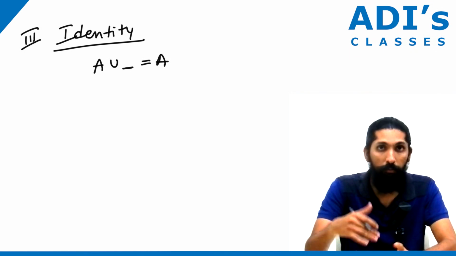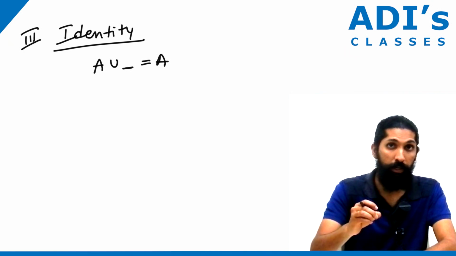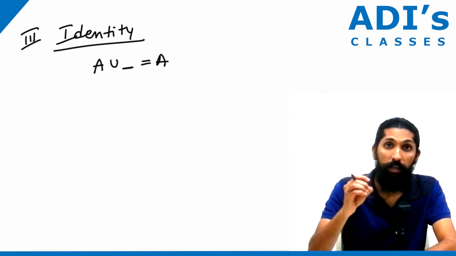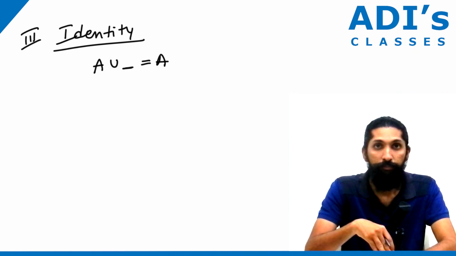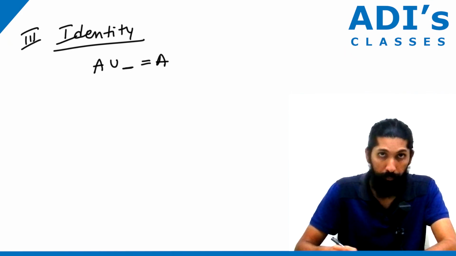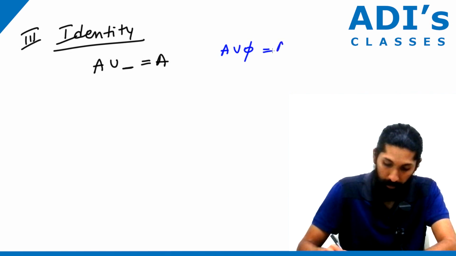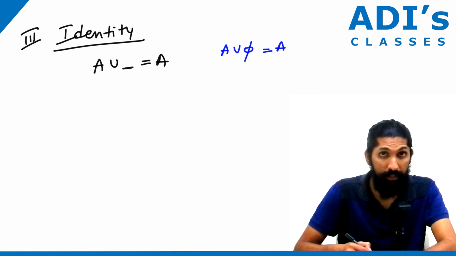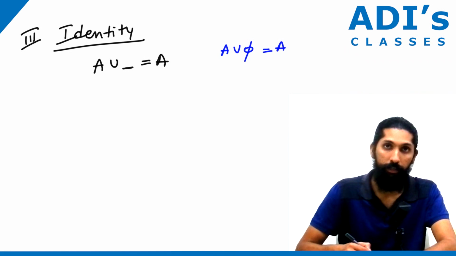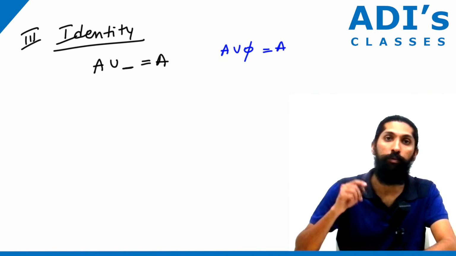We have a law, but that's not the identity. That means that element, or you can say the set, has to be a null set. So the third property becomes A union phi is equal to A. So the existence of identity. Okay, this is the third property of union of sets.